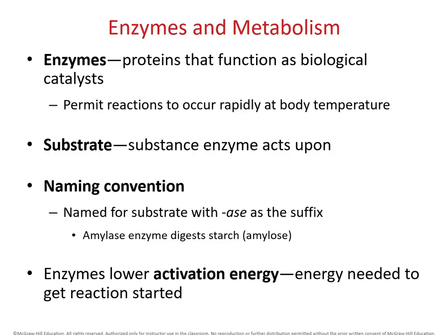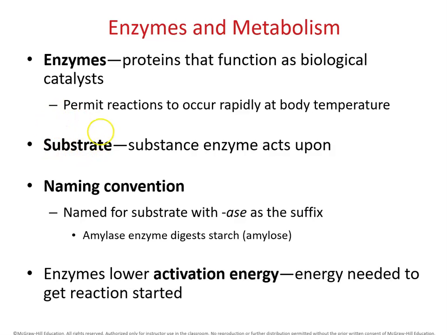Enzymes. Okay, enzymes are one group of proteins that serve as a catalyst, and a catalyst, if you recall, is anything that makes a reaction go faster. The substrate is the thing that's coming to the enzyme that the reaction is going to happen to.